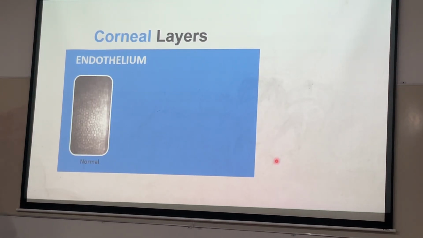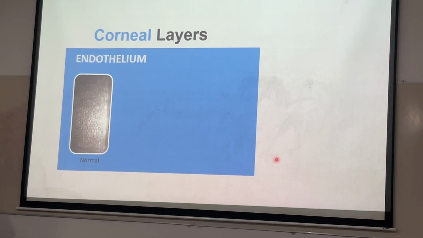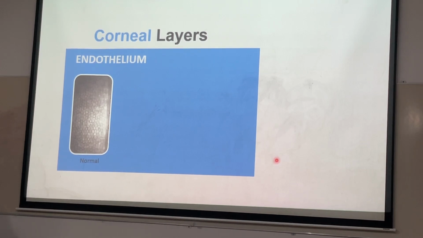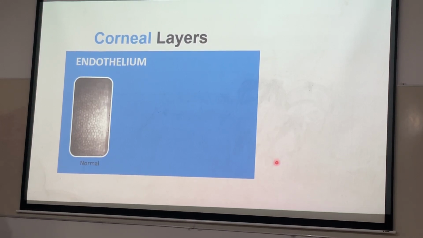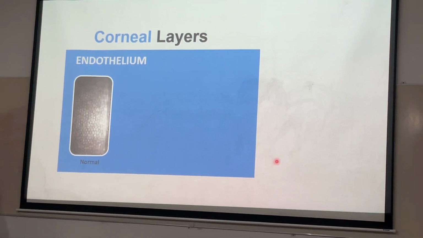This is called specular microscopy, where this machine takes a photo of your endothelium. If you look at the endothelium, it looks like black and white piatos. So hexagonal structures: this is a normal endothelium.